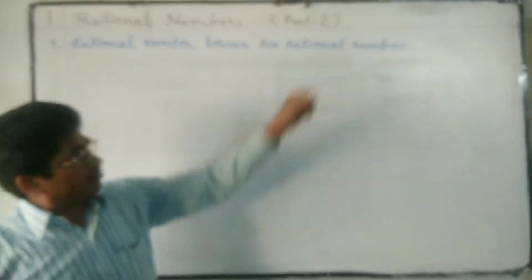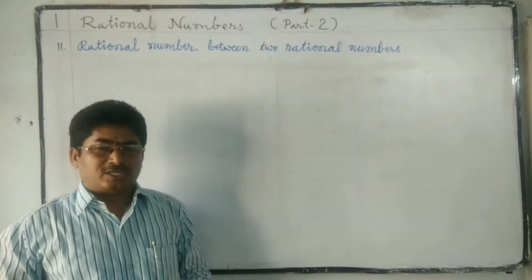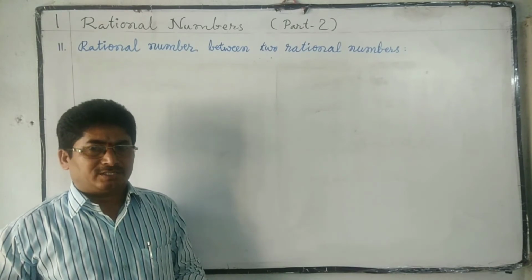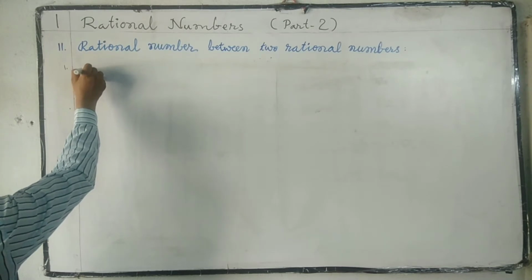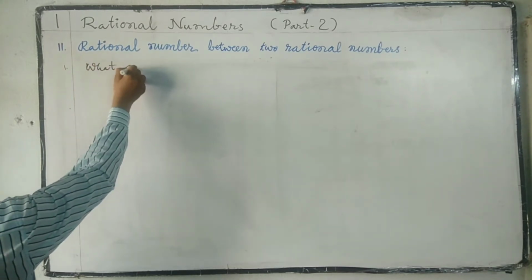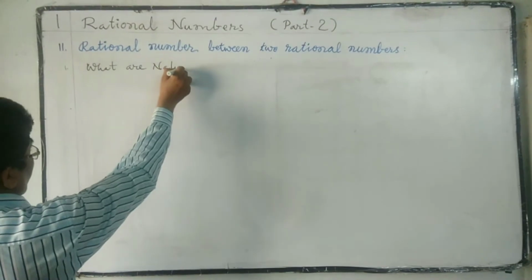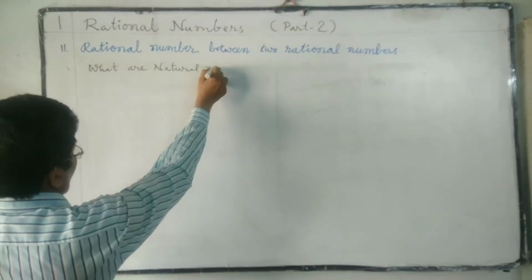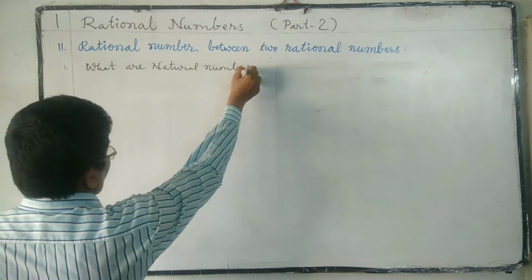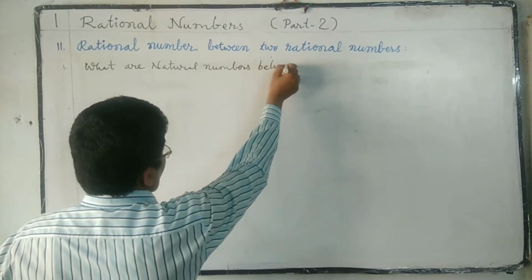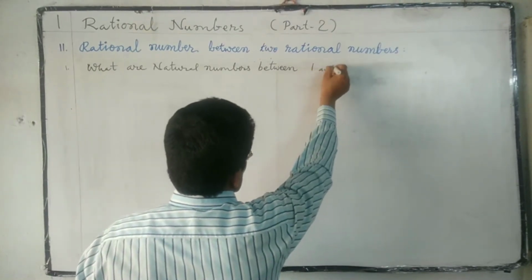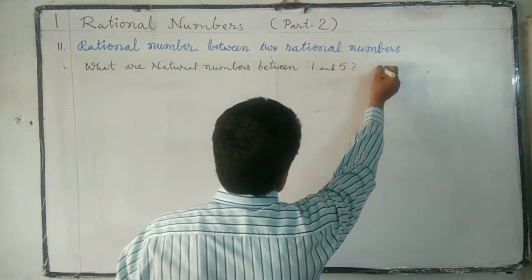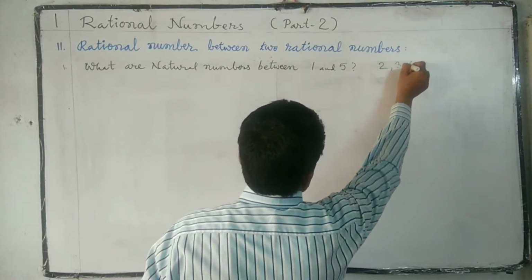Now, rational number between two rational numbers. Let us discuss what we learnt in previous classes. What are the natural numbers between 1 and 5? 2, 3, 4.